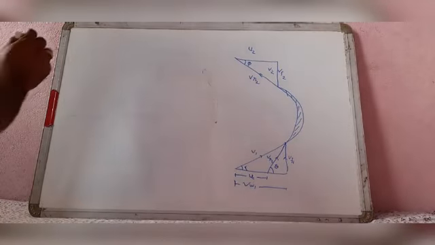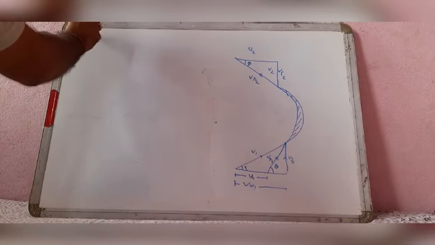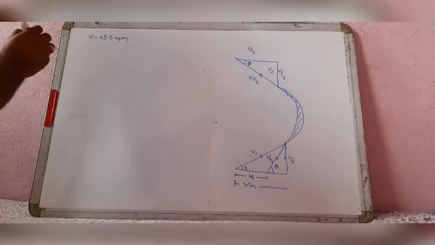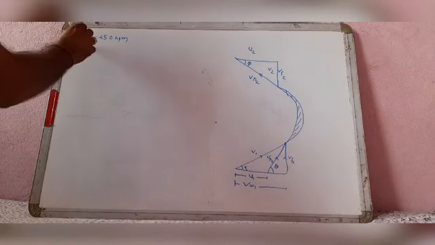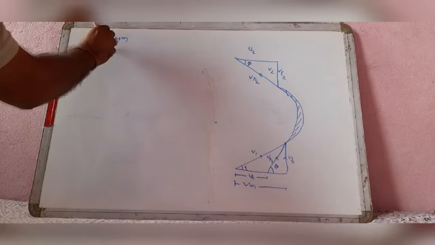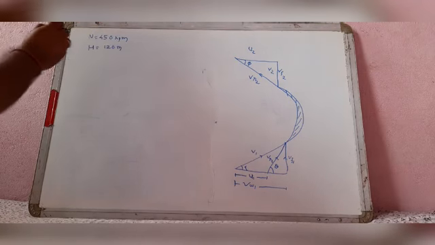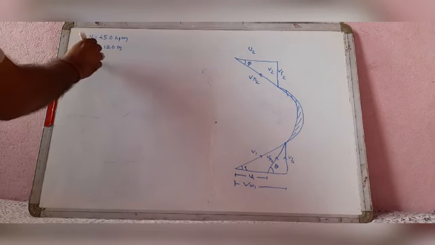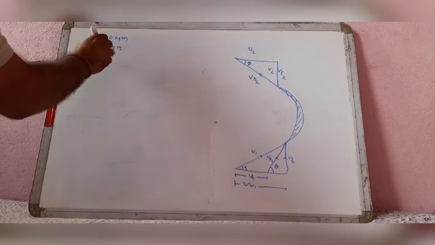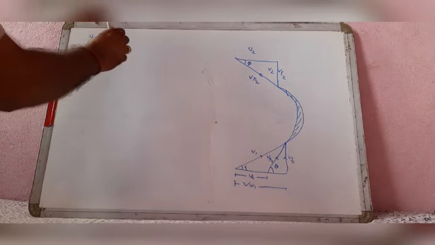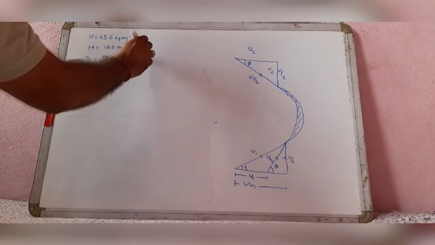Here the data given: n equal to 450 rpm, head H equal to 120 meter, diameter at inlet D1 is given 120 centimeter, that is 1.2 meter.